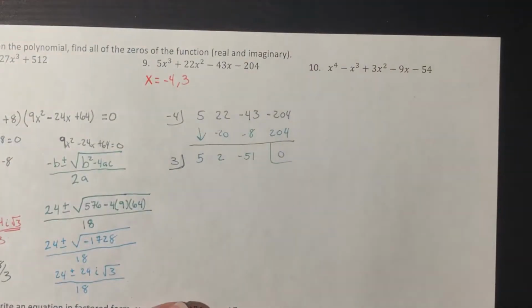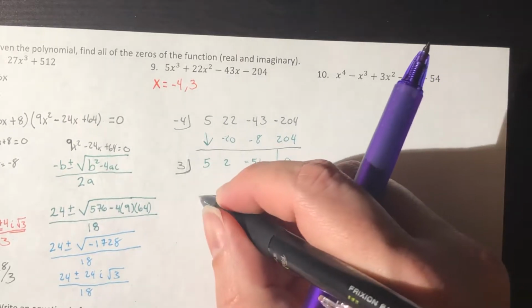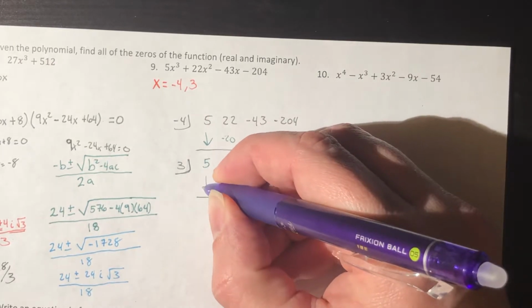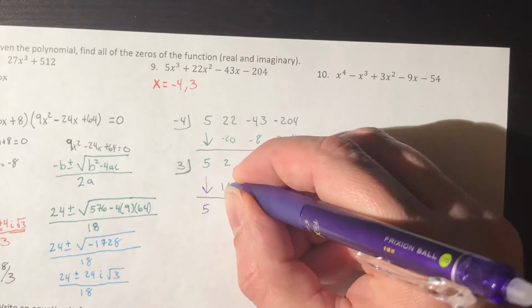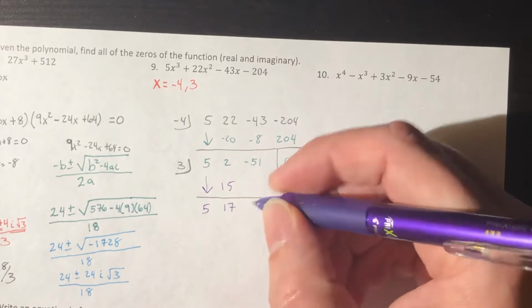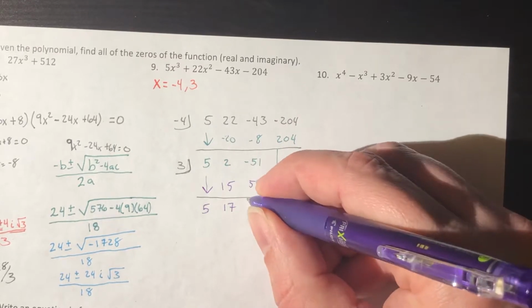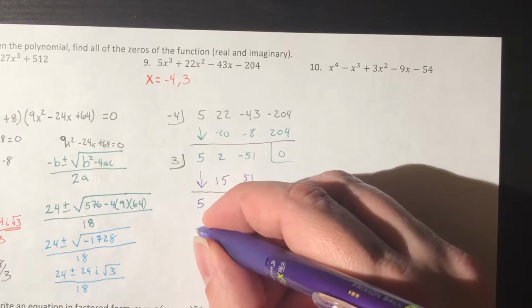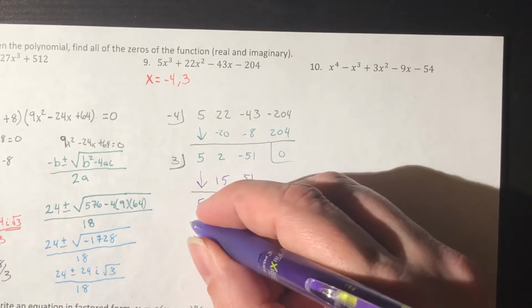And I go once more. The 5 comes down. 5 times 3 is 15, to make that 17. 3 times 17 is 51, to make that 0. So this is the other factor that I had, 5x plus 17.